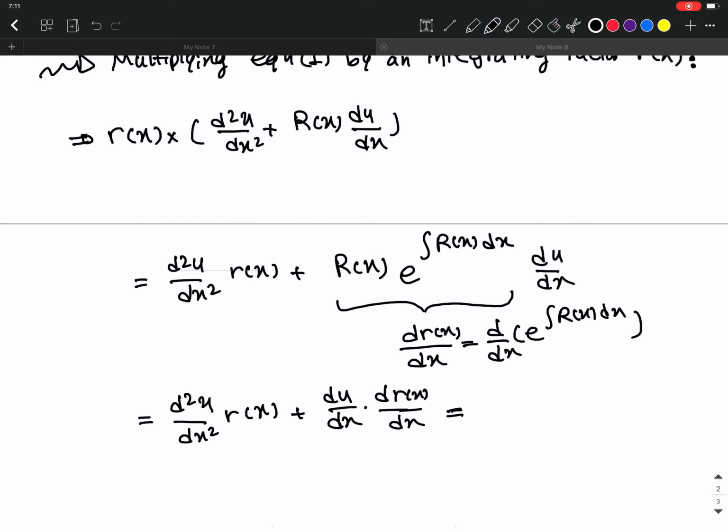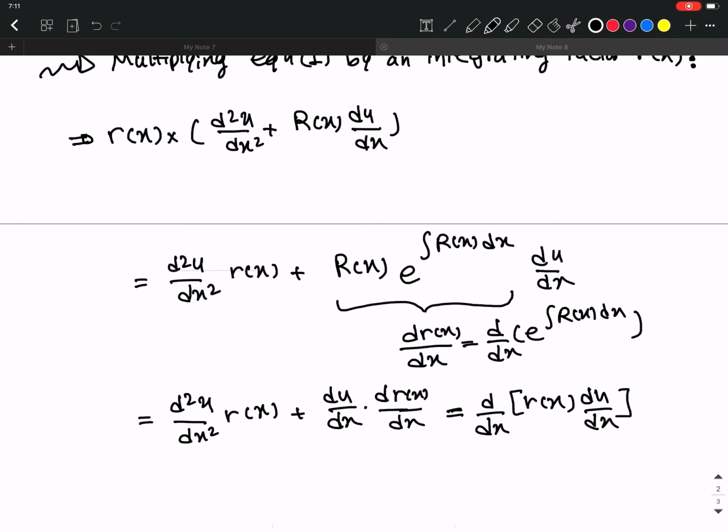From your calculus, we can write it as the derivative with respect to x of this function r(x) times du/dx. This is very simple because this is a multiplication.